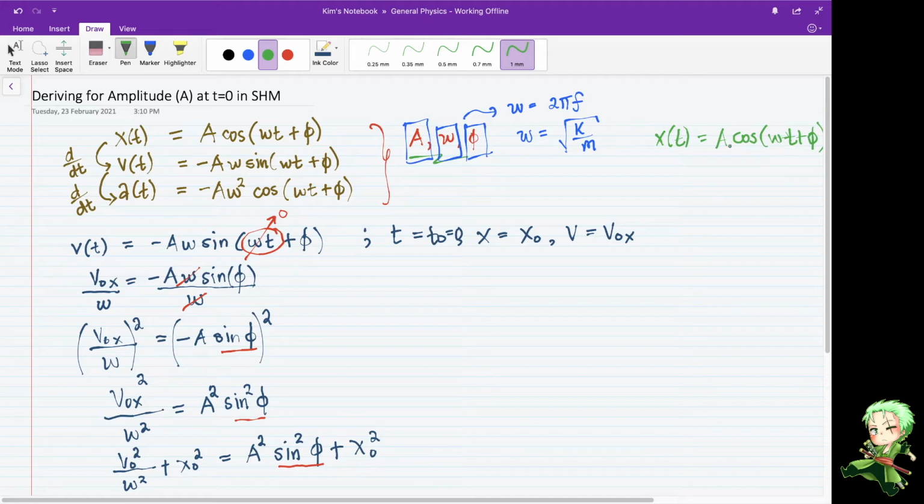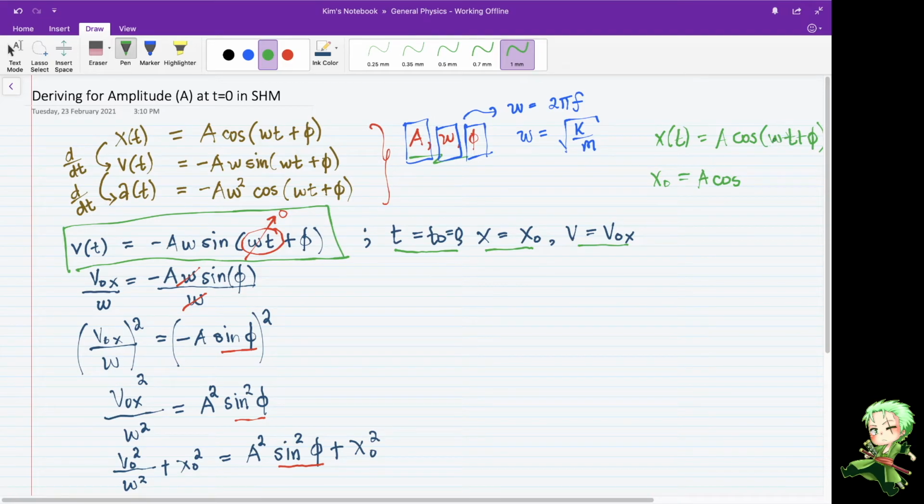Now, what happens here is that since we are dealing with time t equal to 0, and that is referring to t equal to 0, x equal to x naught, v equal to v naught, that means that x as a function of time will be x naught, and then you copy the amplitude, and then the cosine, and there is something interesting that will happen here. The same with what happened in this portion will also happen here, because you set the time equal to 0.